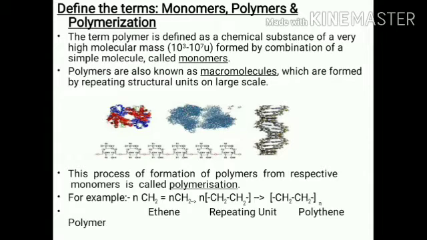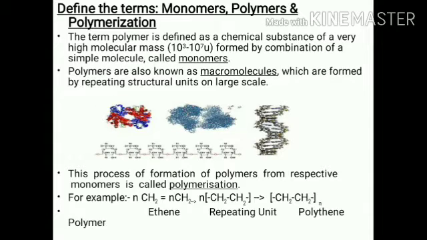So we can say the term polymer is defined as a chemical substance of very high molecular mass, 10 to the power 6 to 10 to the power 7 u, formed by the combination of simple molecules called monomers. We can say polymer is a macromolecule, not a micromolecule.